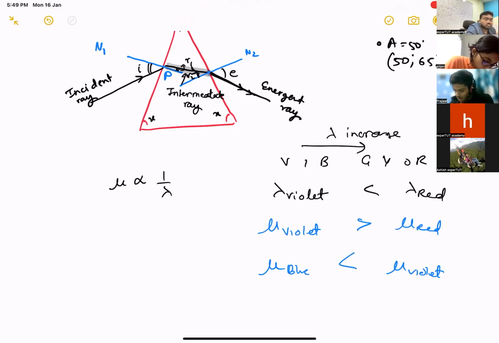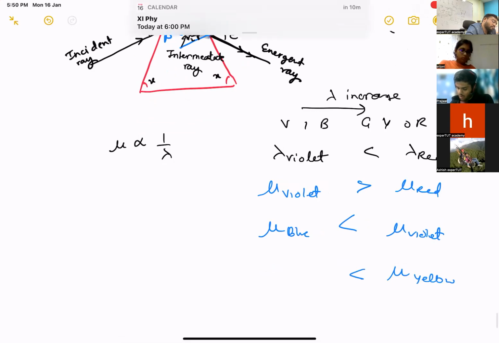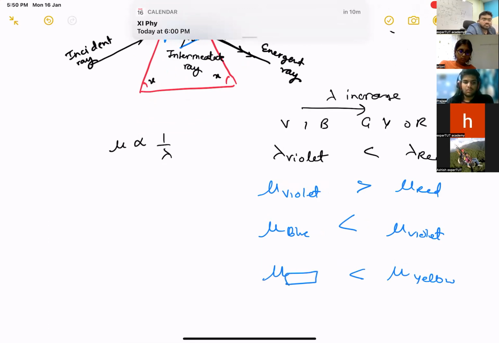Violet. Rajal, fill a color here. Orange. Yellow is more. Correct, fine.